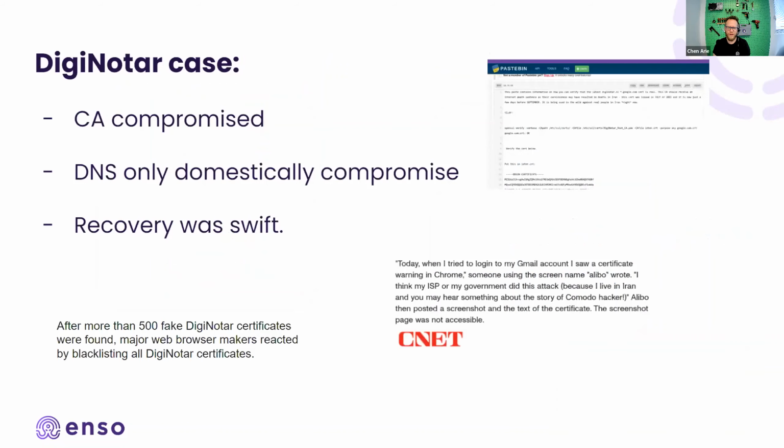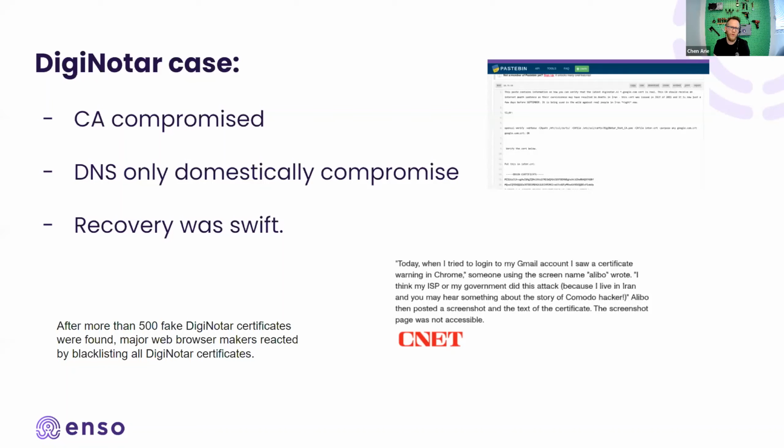So in the DigiNotar case itself, like I said before, a 2011 case, and of course with these cases we always need to be very cautious because we know what we know, we don't know what we don't know, and to mount an attack of this scale requires a lot of thinking and a lot of preparation. So we don't really know who the actual actors were and what was actually behind this.